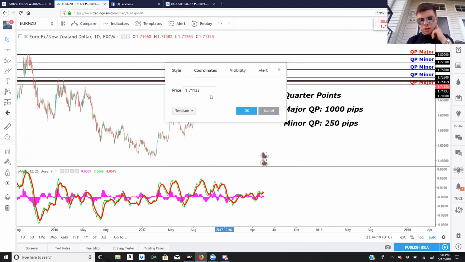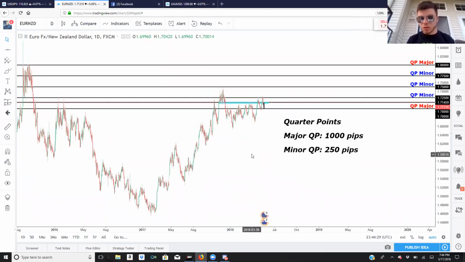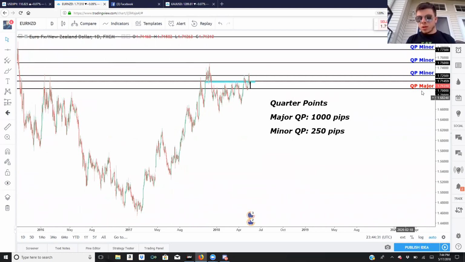The coordinates for the major quarter point have to end in 0, 0. So we have a major quarter point at 1.700 and another major quarter point at 1.800.